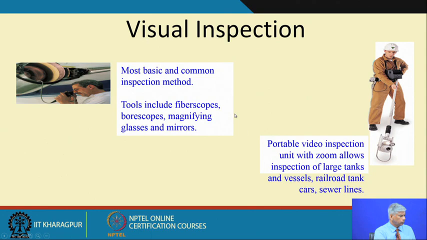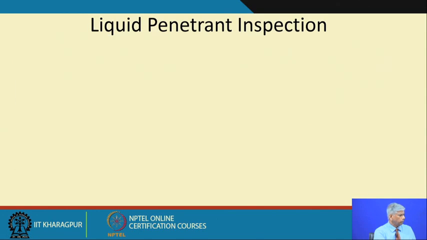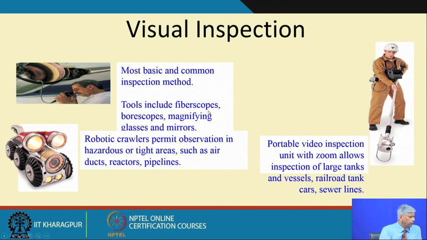Some of the other techniques of visual inspection, let me go back to the slide here. The most common visual inspection tools, other than our naked eye, include fiber scopes, boroscopes, magnifying glasses and mirrors. You would also have heard of robotic crawlers, which permit observation in hazardous or tight areas such as air ducts, reactors, pipelines. Portable video inspection units with zoom allow inspection of large tanks and vessels, railroad tank cars, sewer lines.